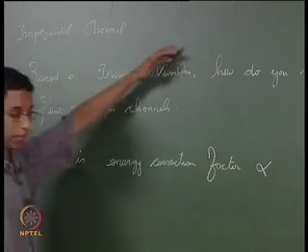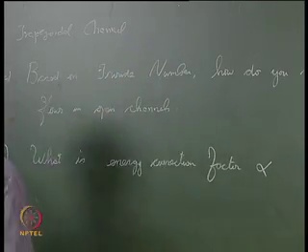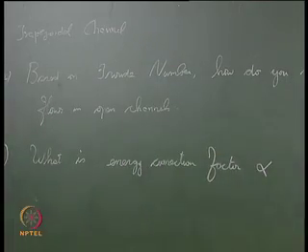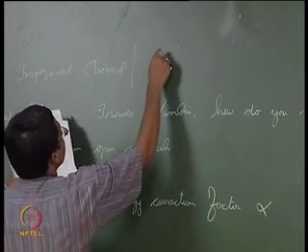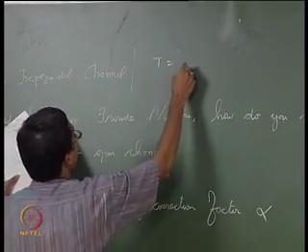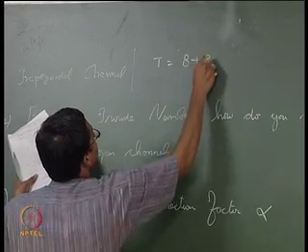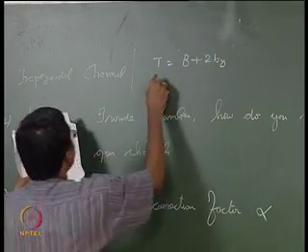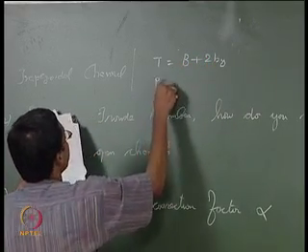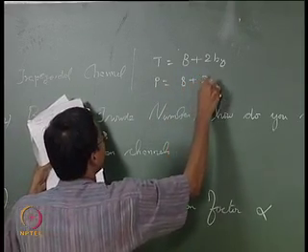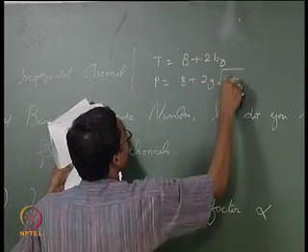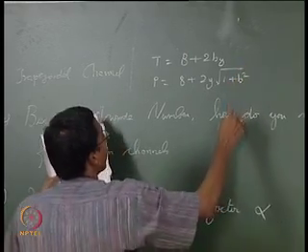For the trapezoidal channel, you have the following solutions. The top width is equal to B plus 2 B y, your wetted perimeter is equal to B plus 2 y into root of 1 plus B squared.